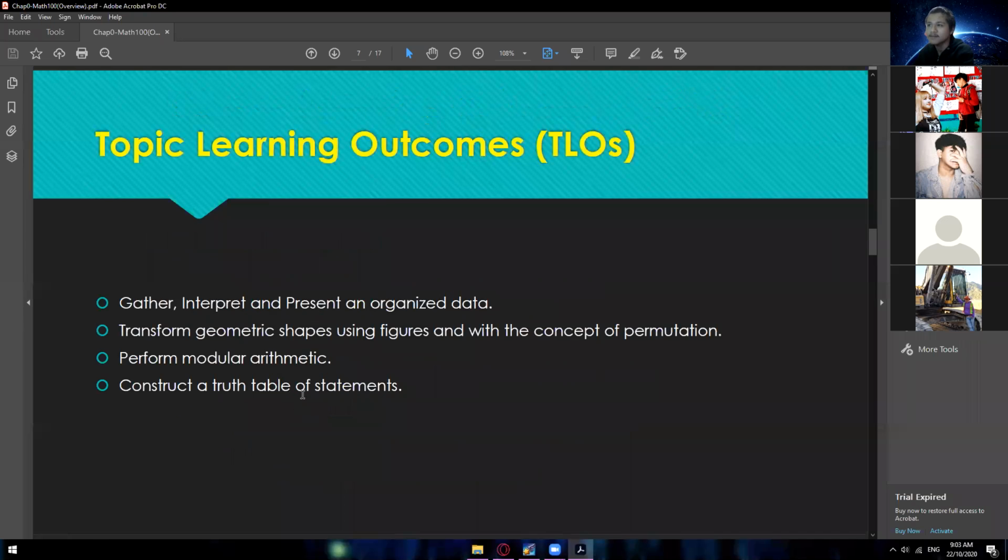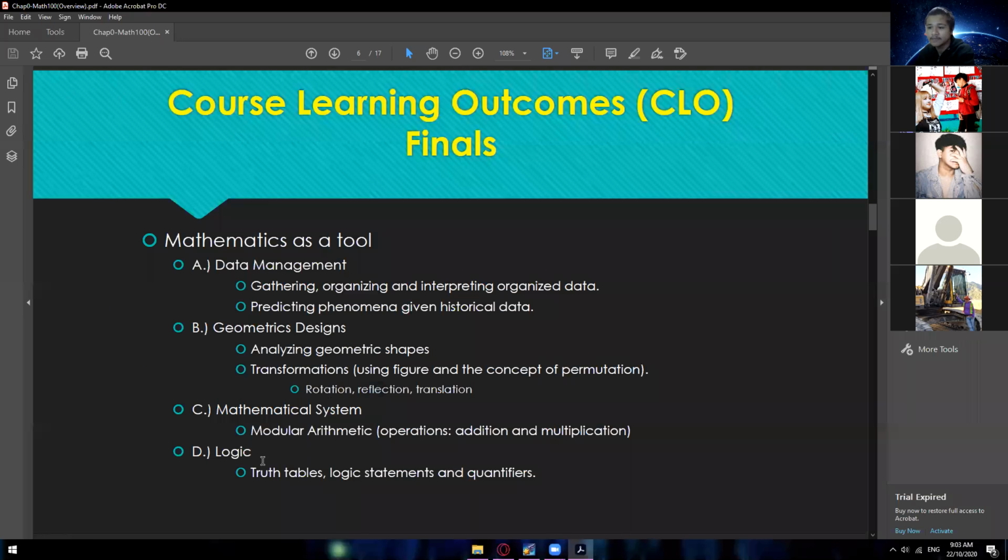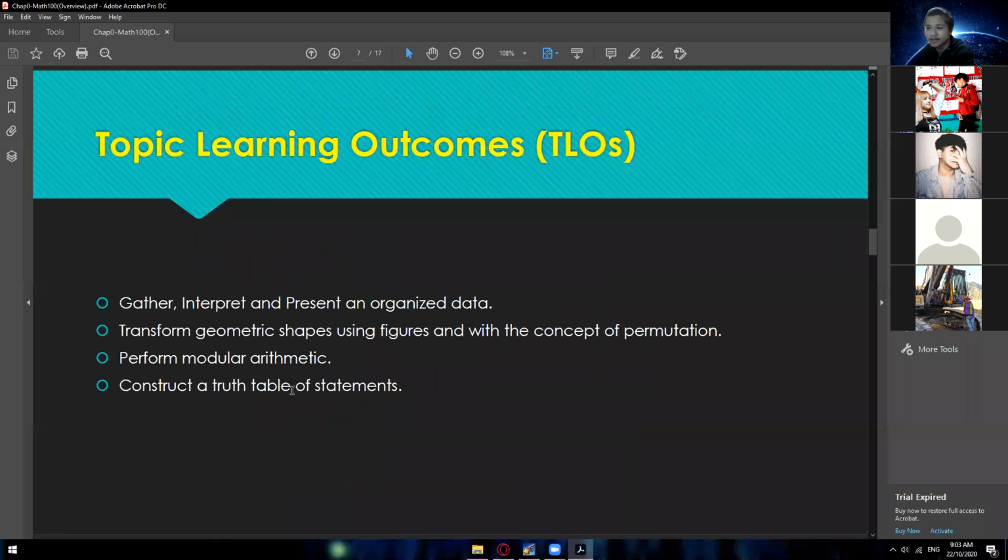Okay. And then our topic learning outcomes for the finals, we will gather, interpret, and then present our organized data, and then transform geometric shape using figures with the concept of permutation, and then perform modular arithmetic, and then construct a truth table of statements from the logic statements. Okay, so by far, ito lang yung mga topics na nandun sa Math 100 nyo.